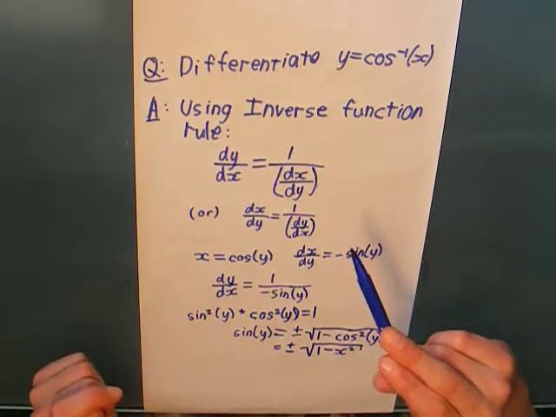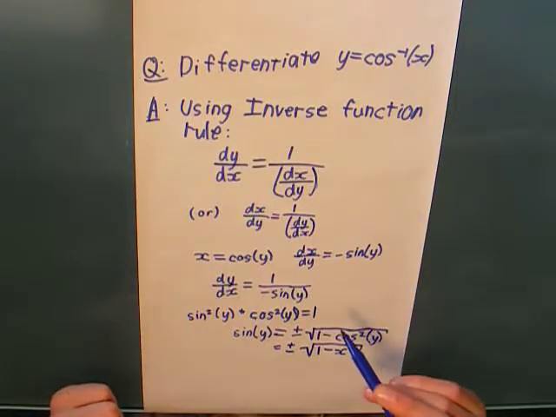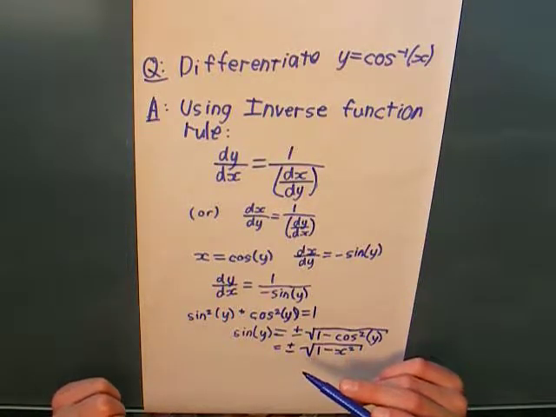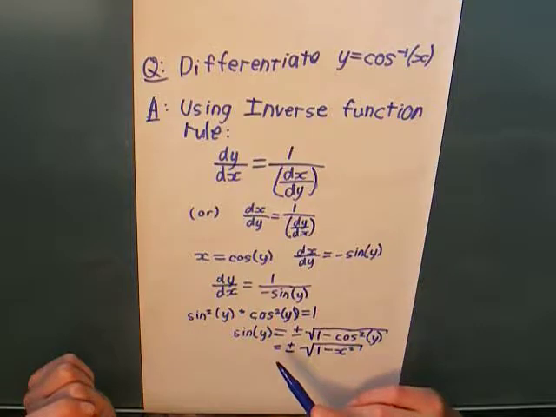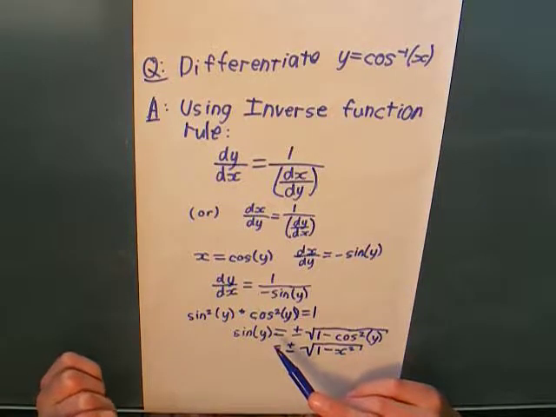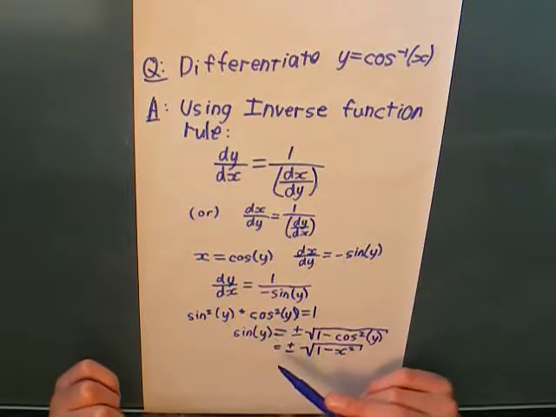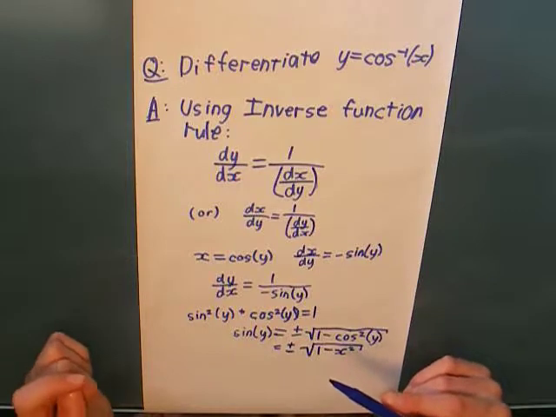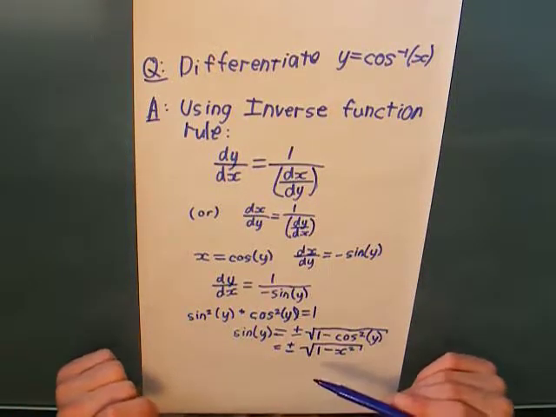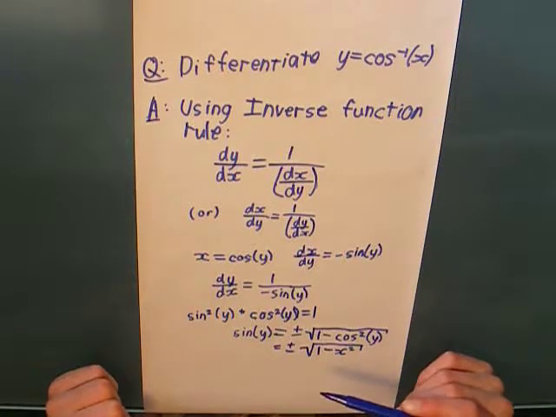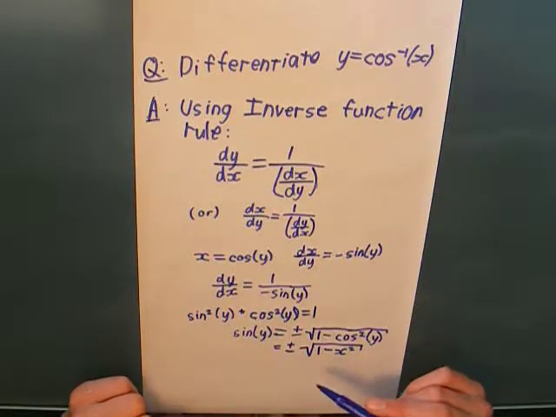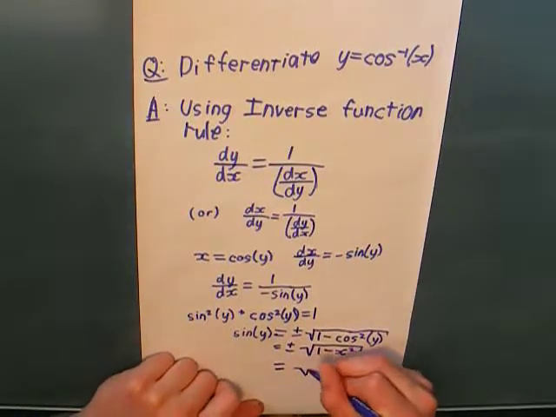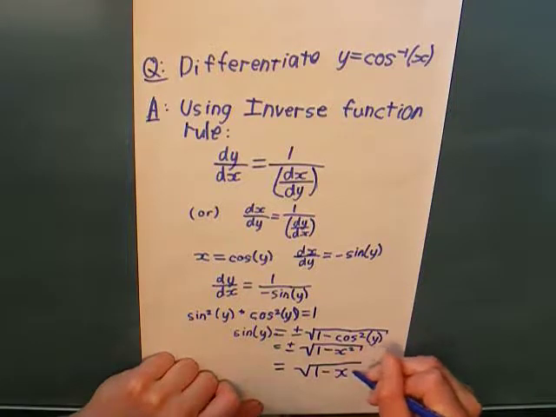Which means that sine y here would be always non-negative, which would mean that it's between 0 and pi. Sorry about the pause there. But if you want more reasoning, I'm actually going to put a full description of this in the video description. Okay, so I have sine y equals just the plus sign, root 1 minus x squared.